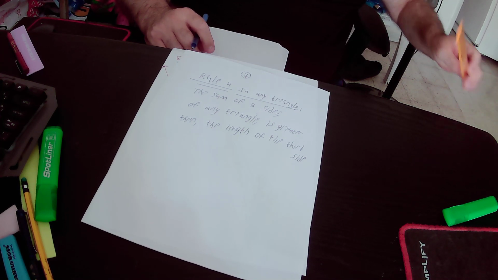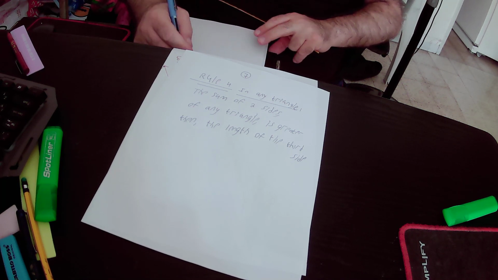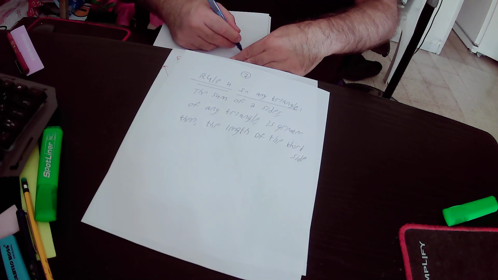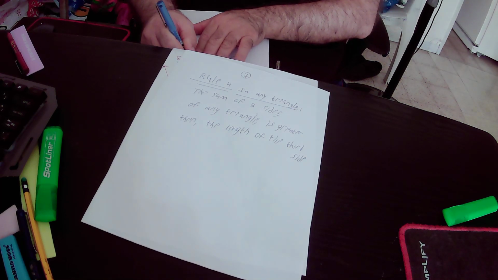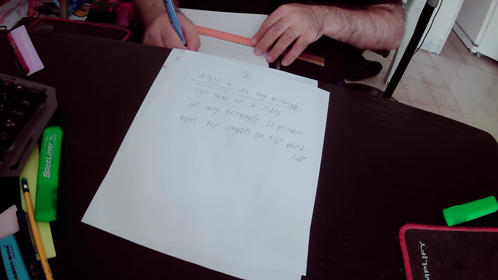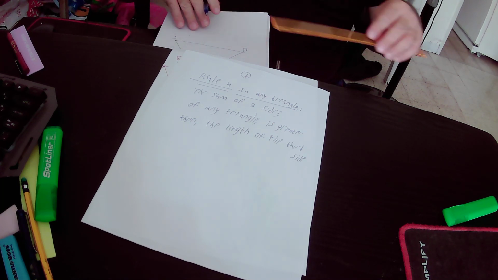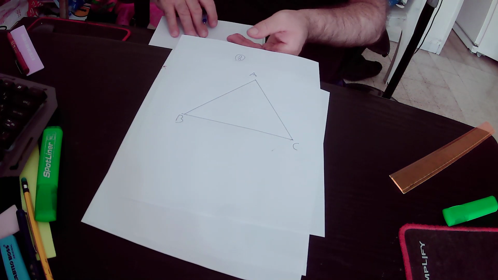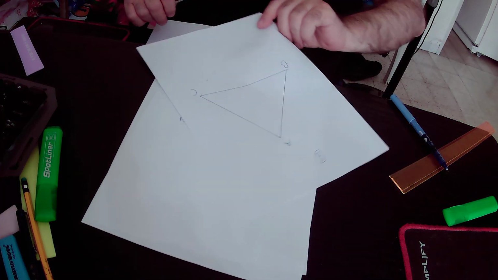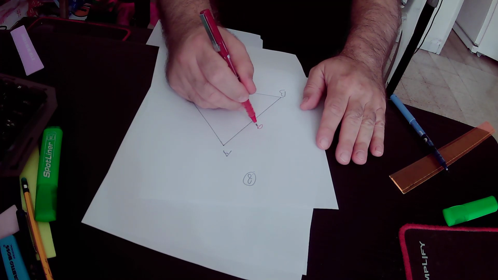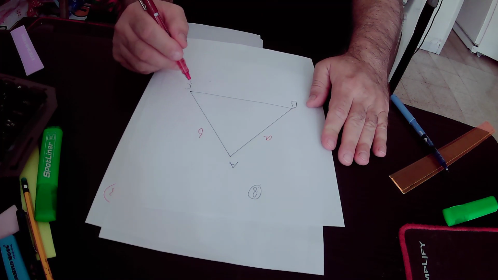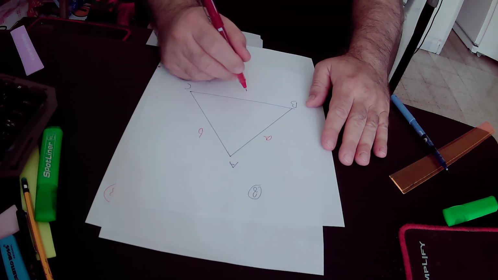So if we have a triangle ABC, which could be any triangle, and we know that the size of side AB equals A units, the size of side AC equals B units, and the size of side BC equals C units.